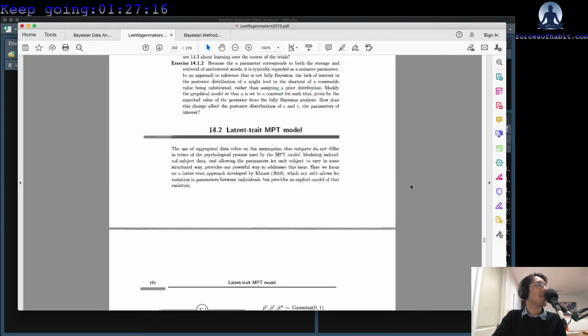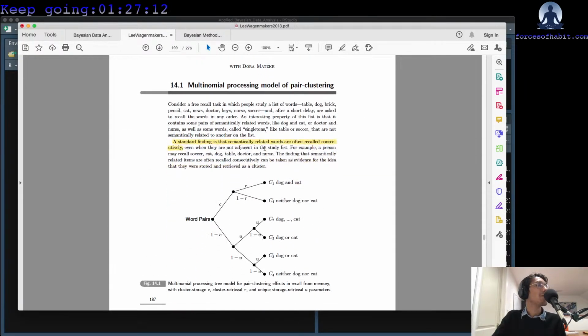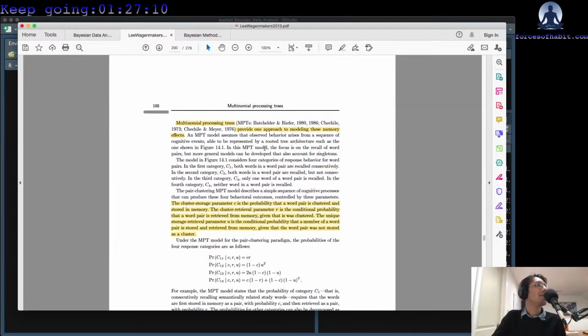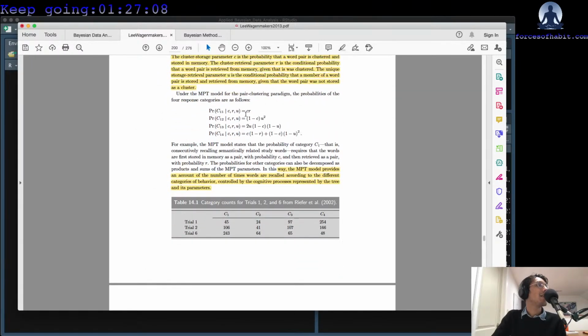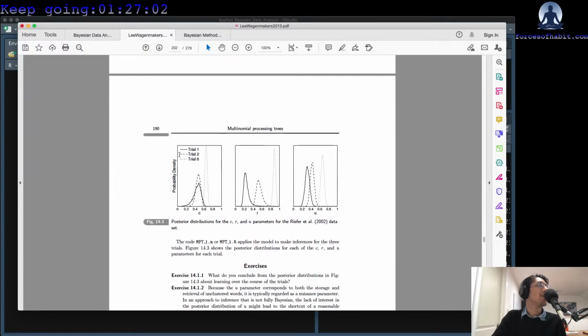All right, so last time we started with the chapter on multinomial processing trees. Ultimately what we found is this sort of learning effect in the data, where over the span of trials for a given subject, people got better at retrieving information from clusters. People clustered and people retrieved more information.